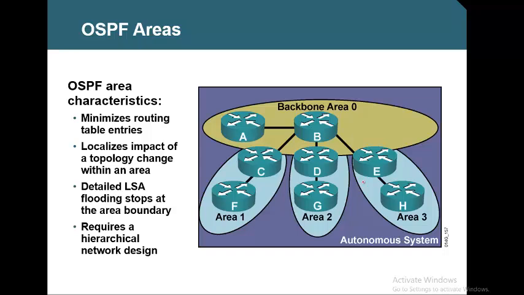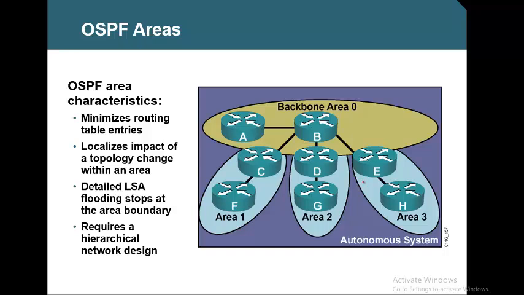Not only that, if any change happens on router F, the impact is only inside area 1. Only those routers that are inside area 1 get that information. They are the only ones who are supposed to get it. That's why you have put them in area 1. The other areas are not that close to these routers and networks, so they don't really need those small changes.